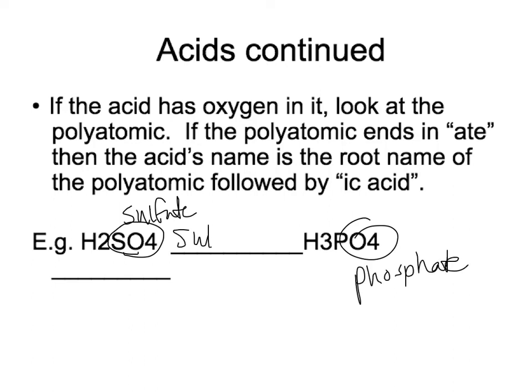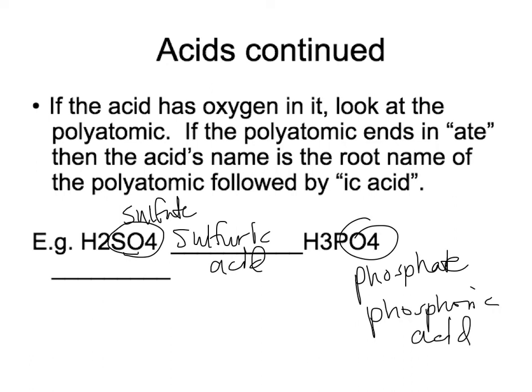This is going to be sulfuric acid, probably the most used chemical in the United States, not just the most used acid, but the most common chemical. And this is phosphoric acid, sometimes found in sodas, pop.